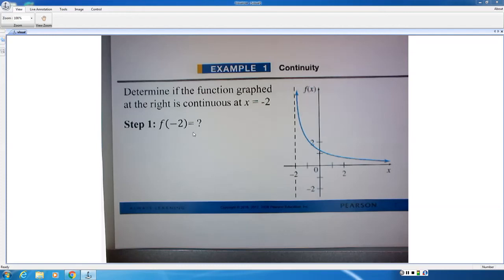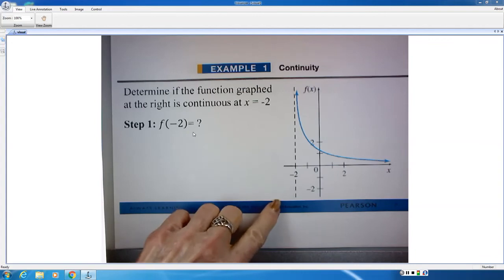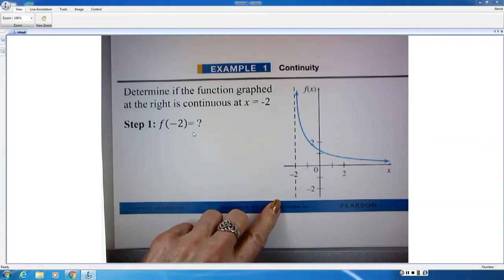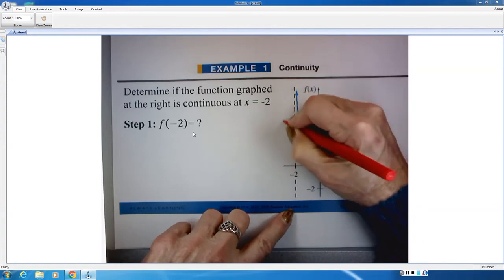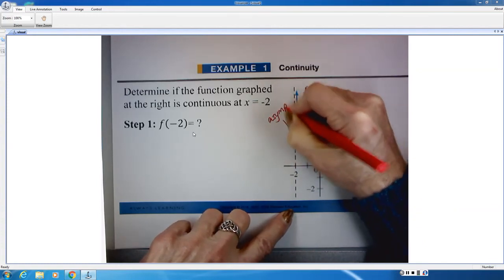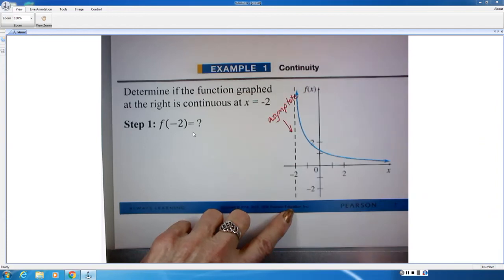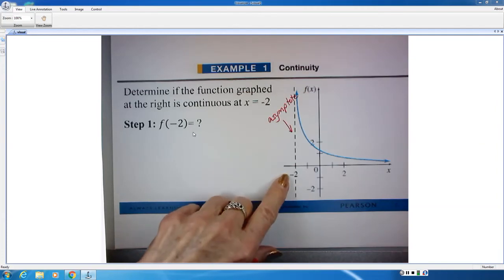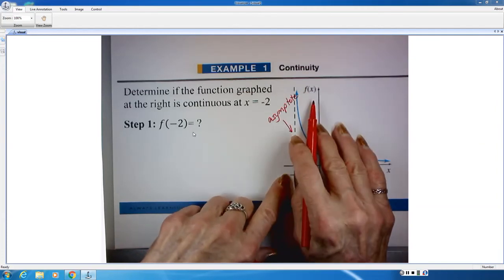Is f of -2 defined? That's correct. Why? What is it on this graph that tells us that f of -2 is not defined? It's an asymptote. That's right. That dotted line is an asymptote. I said there's nothing. That means -2 is not in the domain of f of x.